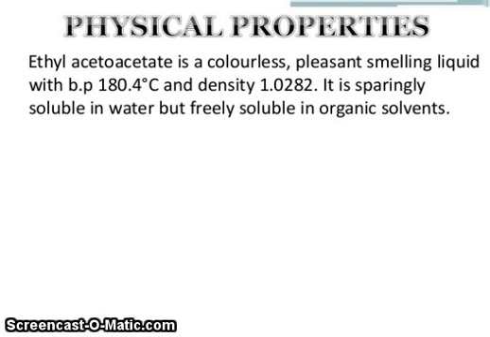So what are the physical properties? Ethyl acetoacetate is a colorless, pleasant smelling liquid with boiling point 180.4 degrees Celsius and density 1.0282. It is sparingly soluble in water but freely soluble in organic solvents.